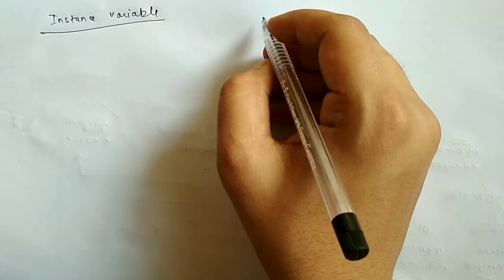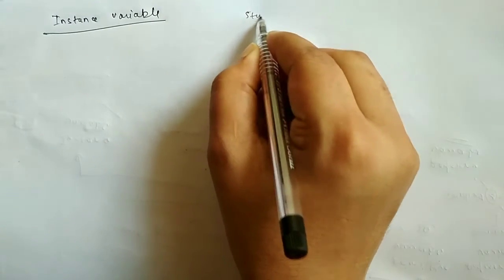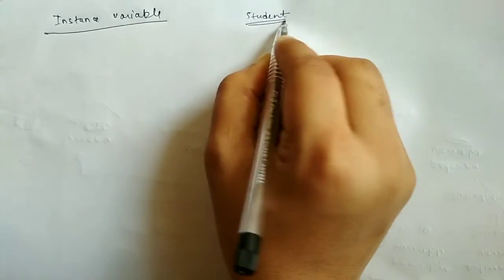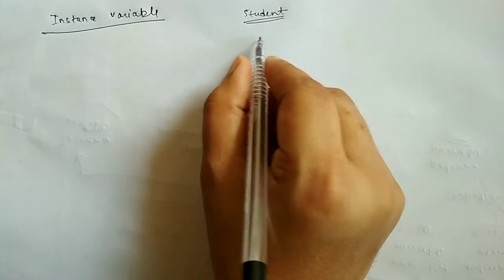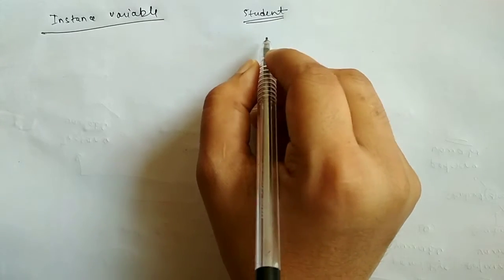Suppose we want to create a record of a student. In the student record there are a few columns.